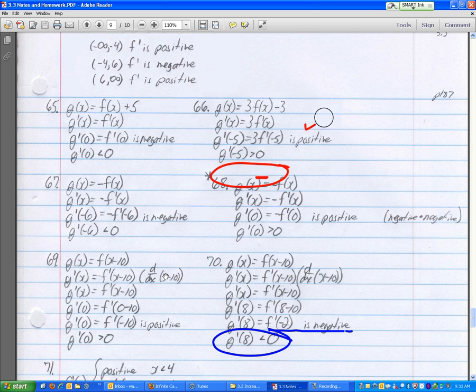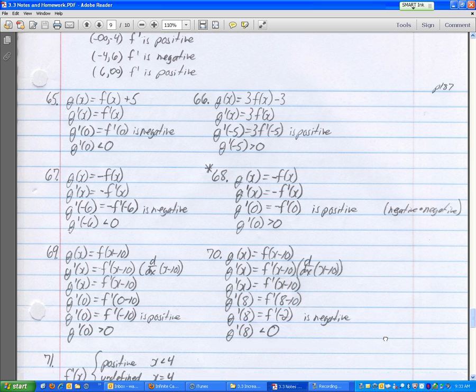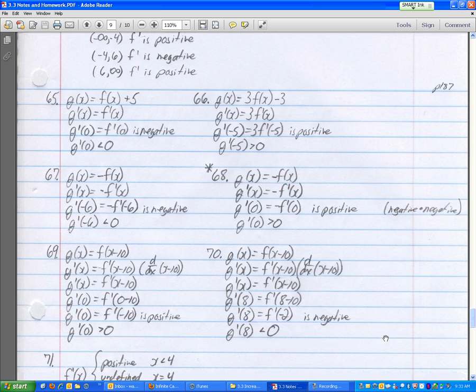All right, look at these others from that same section while we're here, because there's one of those on the quiz. Are we okay with those?